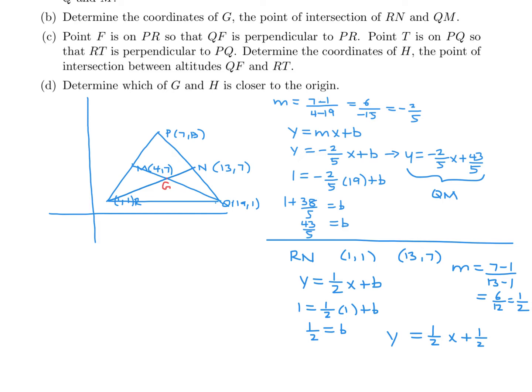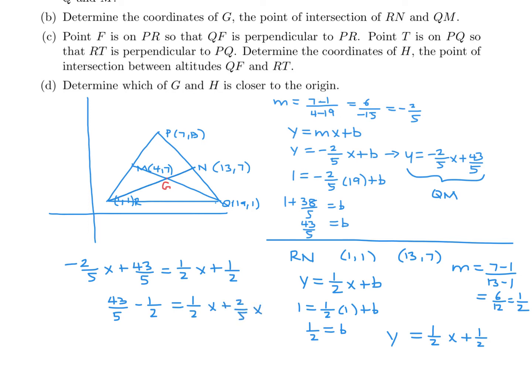Now to get the point of intersection, we just have to set them equal to each other. So minus 2 over 5 x plus 43 over 5 equals 1/2 x plus 1/2. So 43 over 5 minus 1/2 equals 1/2 x plus 2 over 5 x.